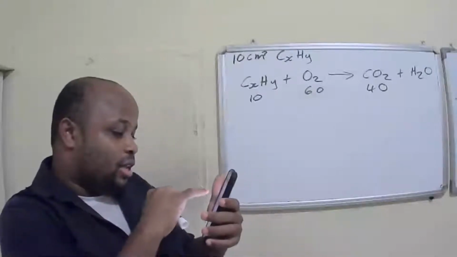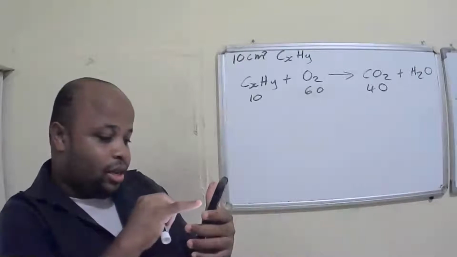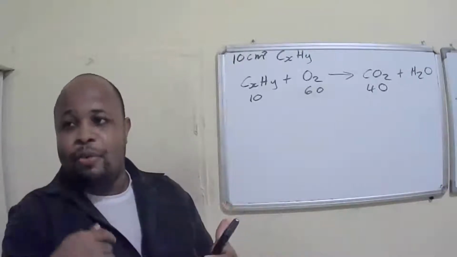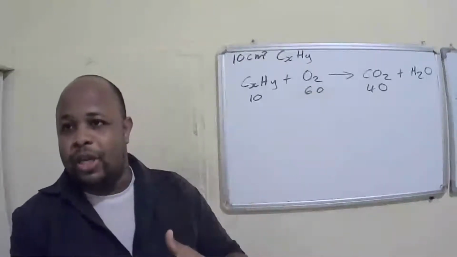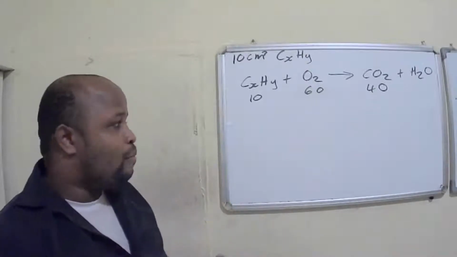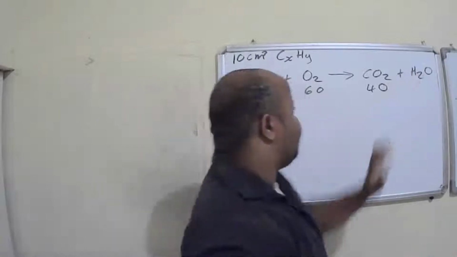When they said a mixture of 10 cm cube of gaseous hydrocarbon P and 120 cm cube of oxygen, in brackets they put excess. The excess means that complete combustion occurred. If it's complete combustion, you get carbon dioxide and water.